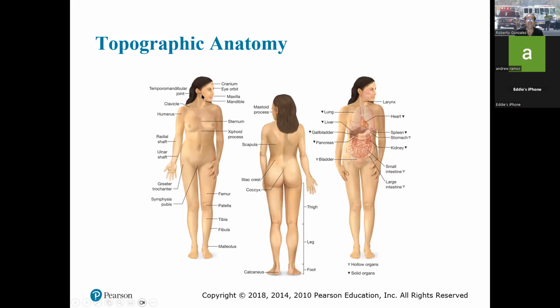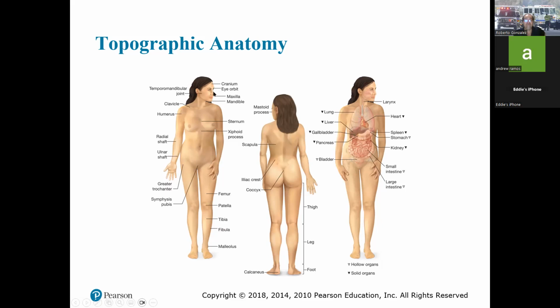Like in the face, the head region is divided into the frontal and the back. Basically, the frontal is the facial bones, and the posterior is your cranium, with the parietals, the occipital, the temporals, and everything, even the frontal bone, which is part of the anterior portion.